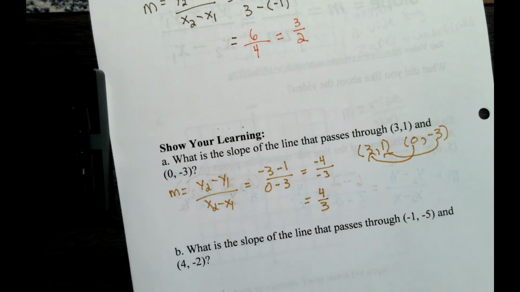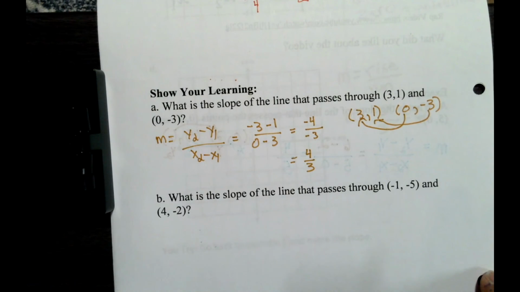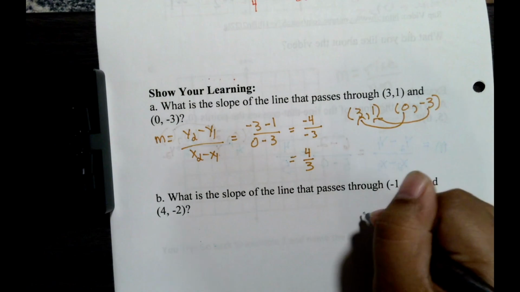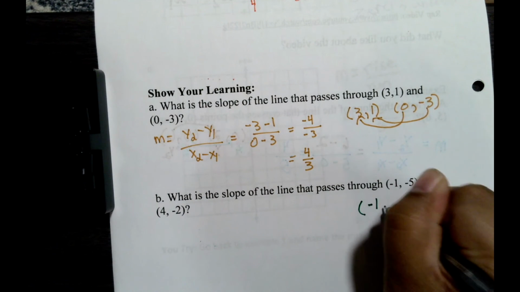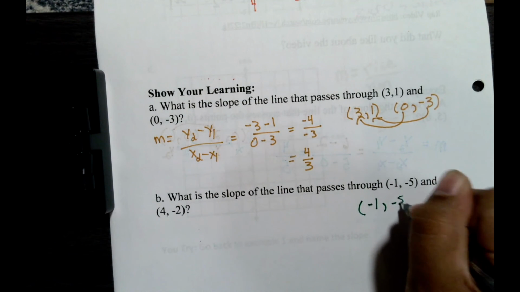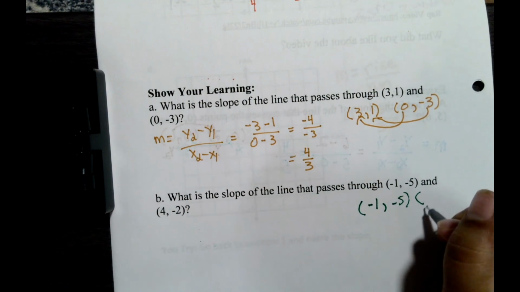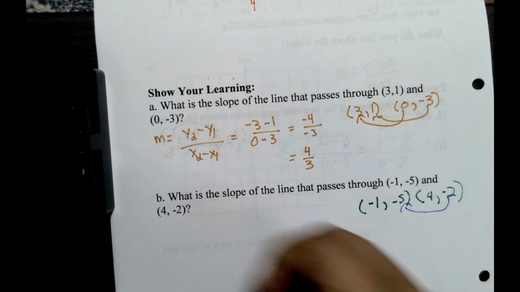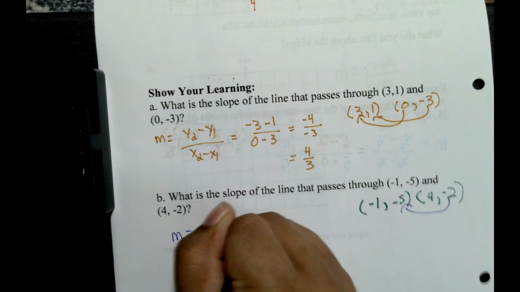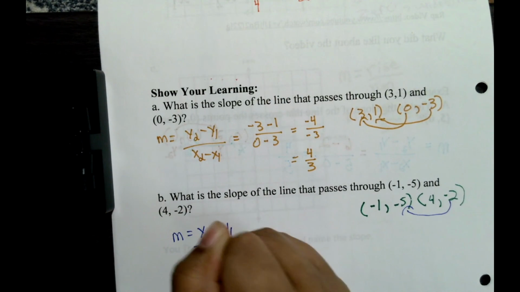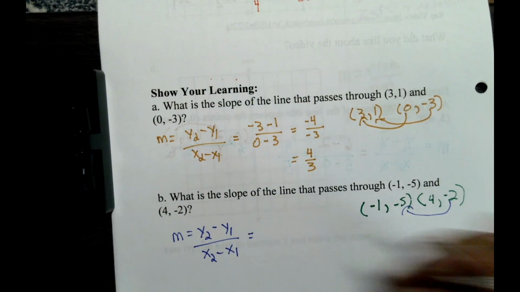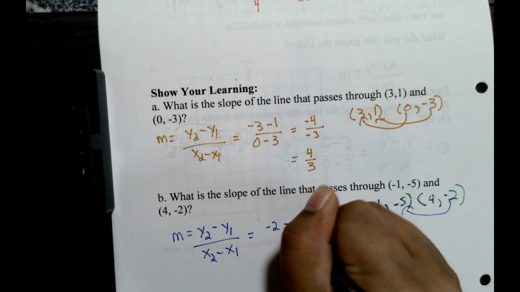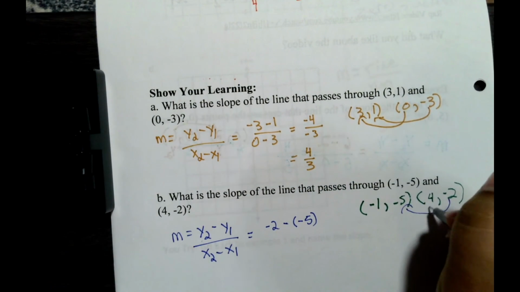So, we start with the first one. m equals y2 minus y1 over x2 minus x1, which is equal to -2 minus -5 in parentheses here, over 4 minus -1. So when we simplify, -2 minus a -5 becomes -2 plus 5, which is +3. And then 4 minus a -1 becomes 4 plus 1, which is 5. So our slope is 3/5.